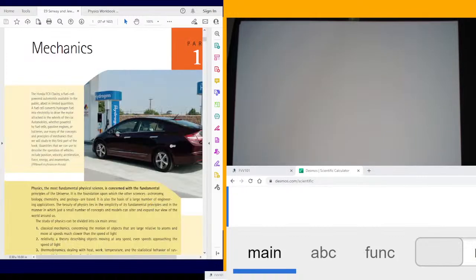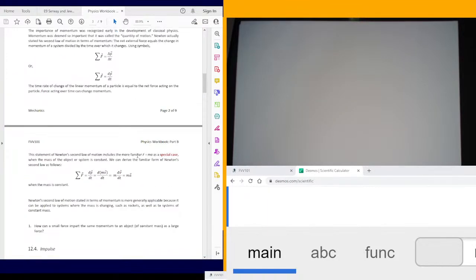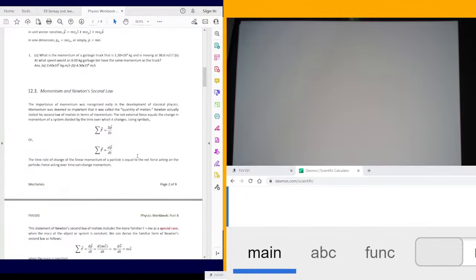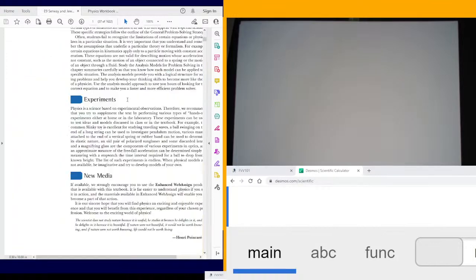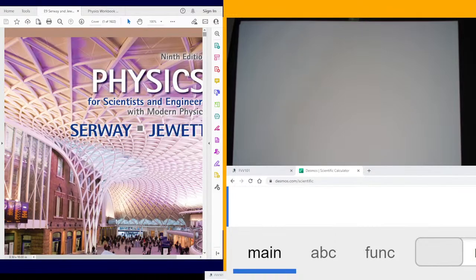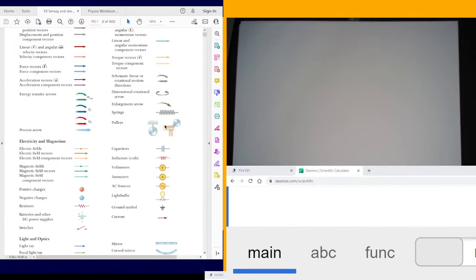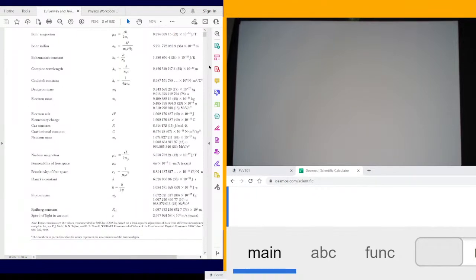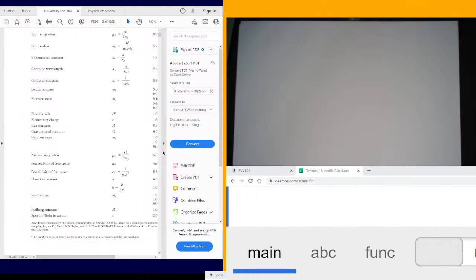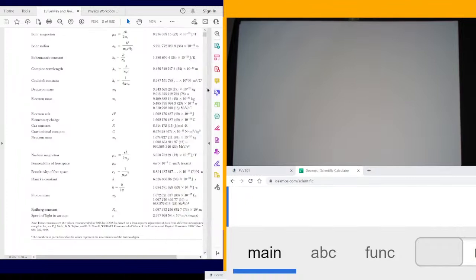For the first hour we'll be doing linear momentum, and the second hour we will be doing bodies around a rigid axis. Now this is the prescribed textbook for the course, and I'm going to go back to the workbook now. I just need to check something.